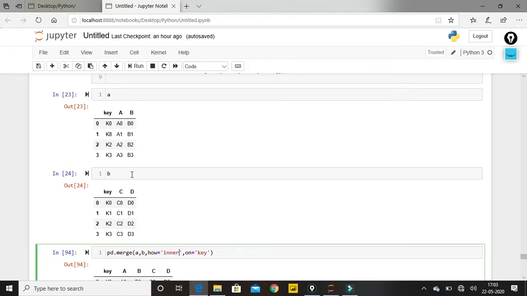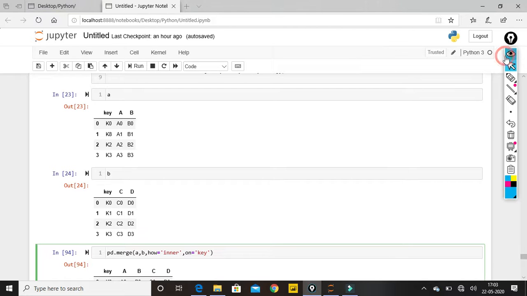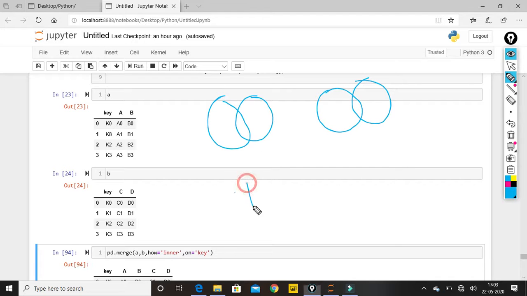Now how it will merge, let me show it to you. I guess in your life you have seen this Venn diagram, right? Now let's talk about inner, that we are doing right now. Inner is nothing but the intersection between these two data frames. Suppose this is my data frame 1, this is my data frame 2.